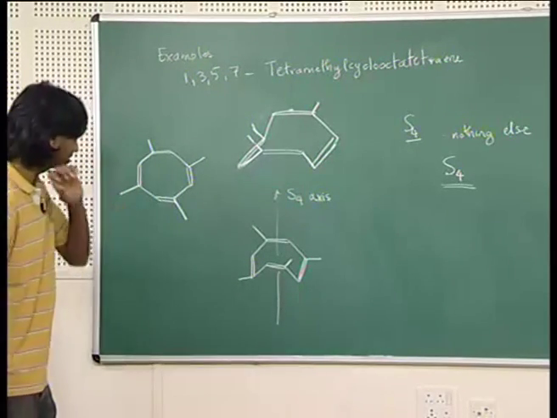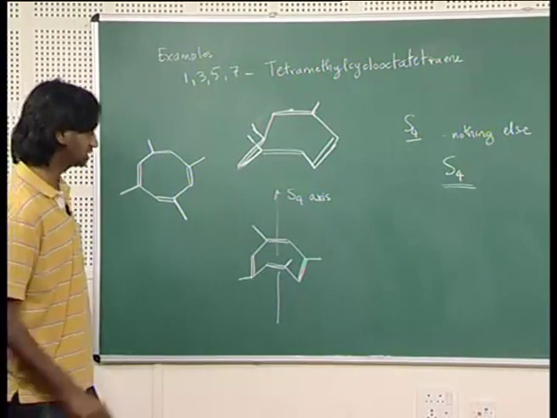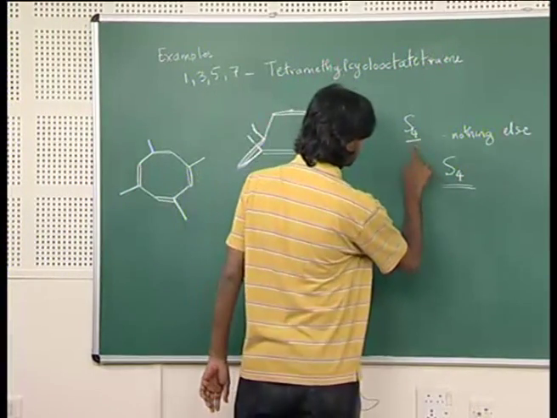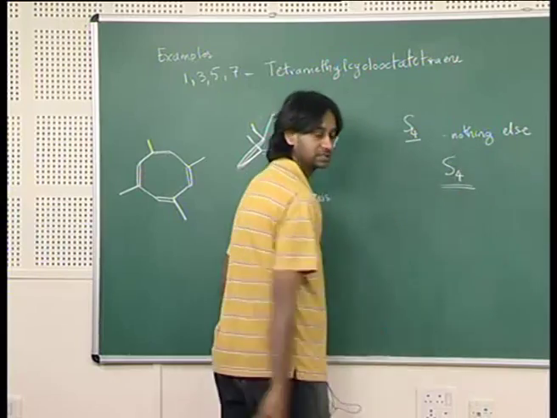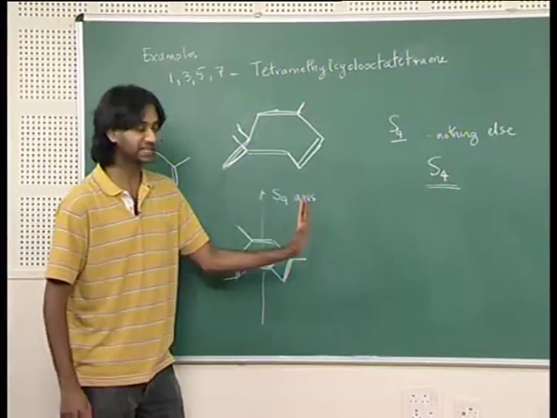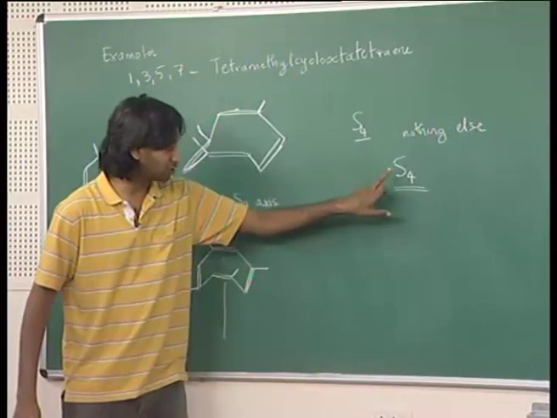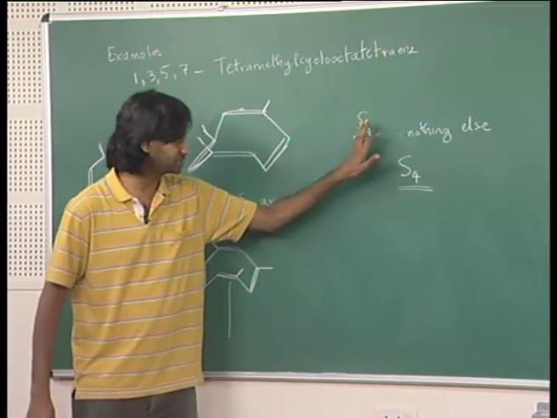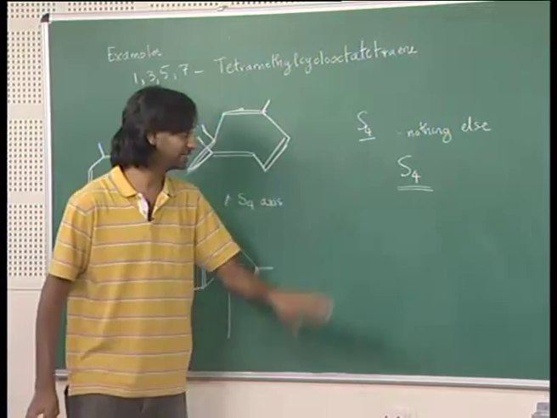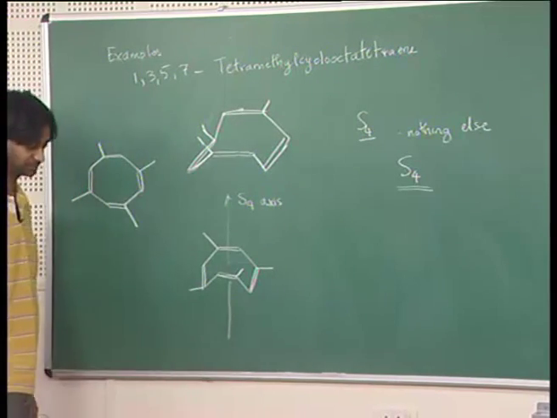Okay. This is the rule you remember: if a molecule has an S4 group and nothing else, then the point group of the molecule is S4. Okay. So, it has an S4 operation and nothing else. Only in that case it falls in point group S4.